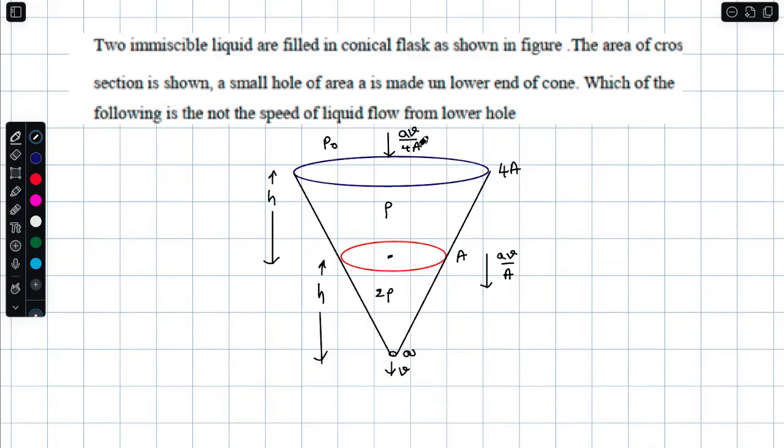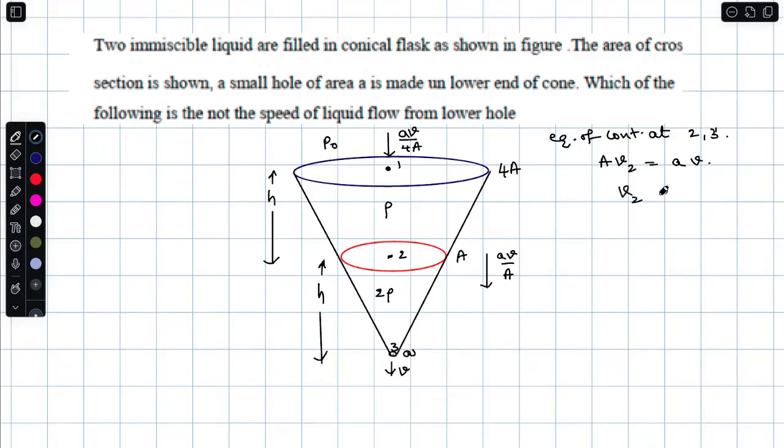This is the first step. So I have applied, let this be 0.1, 0.2, 0.3. Equation of continuity at 2 and 1. 2 and 3 gives AV2 is AV.